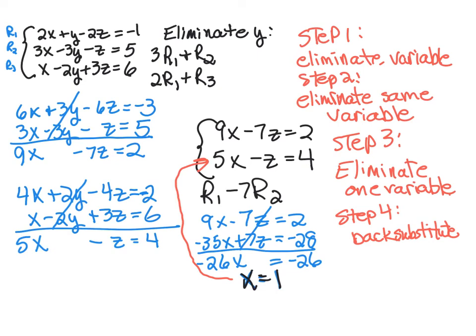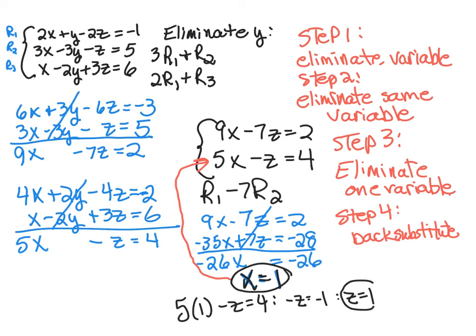We have 5 times x minus z equals 4, minus z equals -1, z equals 1. So now we have 2 of the variables, x equals 1, z equals 1, but we have to find y. So step 5, I told you every single one is 5 steps.